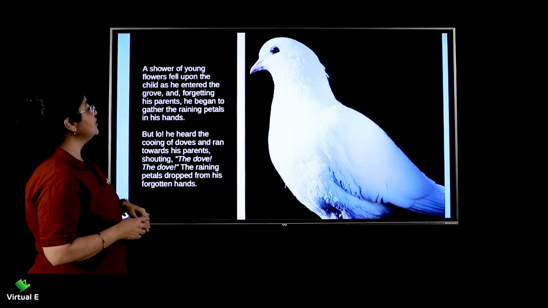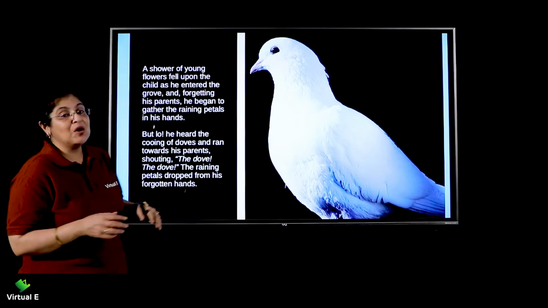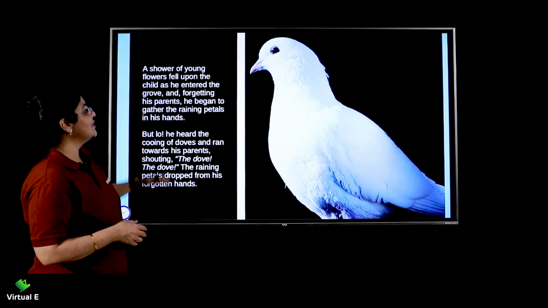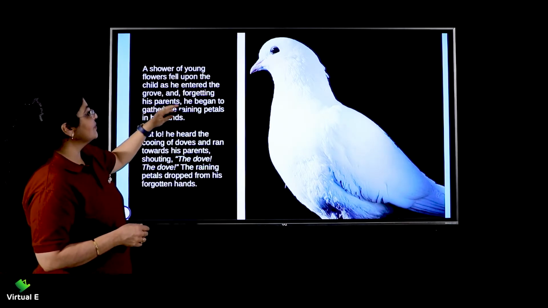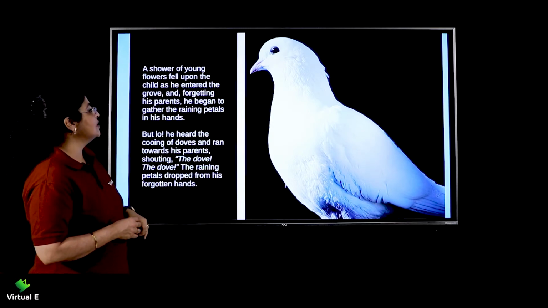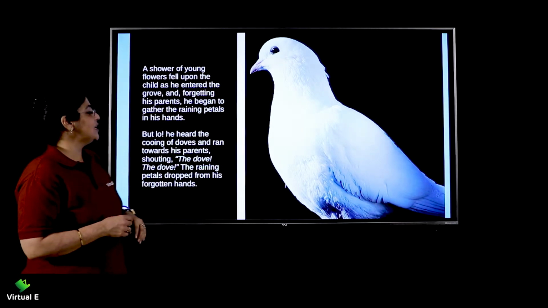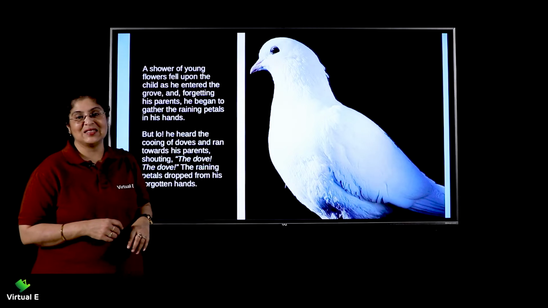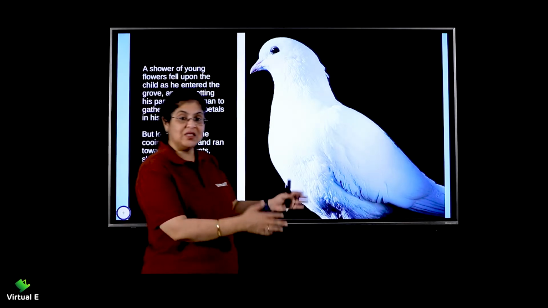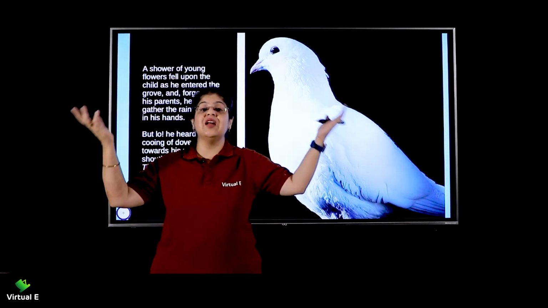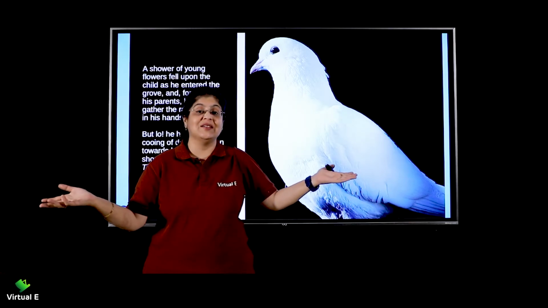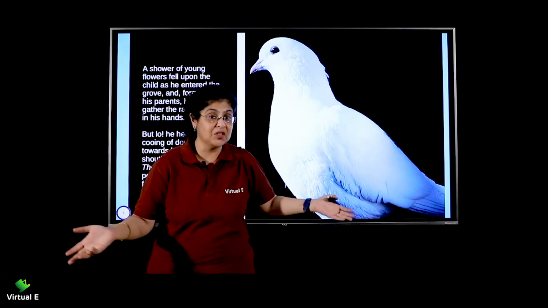A shower of young flowers fell upon the child as he entered the grove, and forgetting his parents, he began to gather the raining petals in his hands. So as the child went towards the parents, suddenly there were flowers falling from the tree. It was spring. Let me remind you, that indicates spring, right?